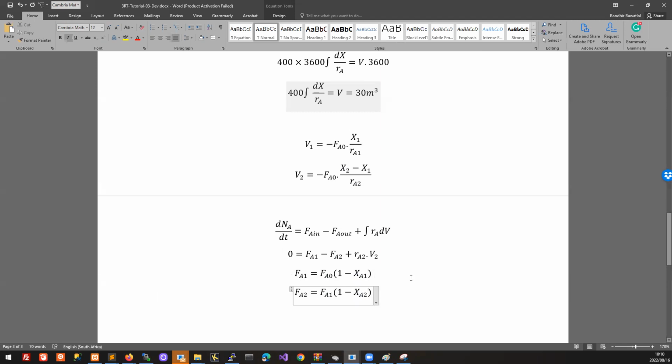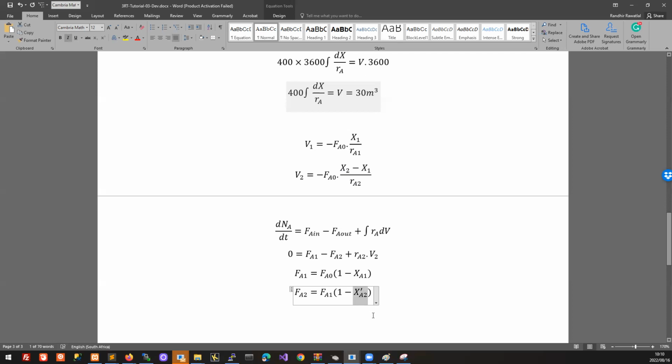So when we write this, XA2 is specifically the conversion only in the second tank, and that's 0.25. Let's call this XA2 dashed. So it's not the overall conversion X2, which is 0.5. This is the conversion 0.25.